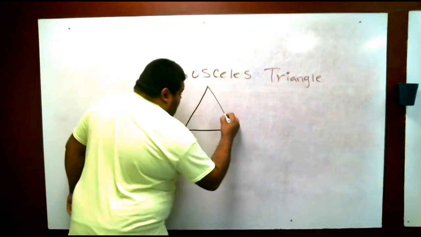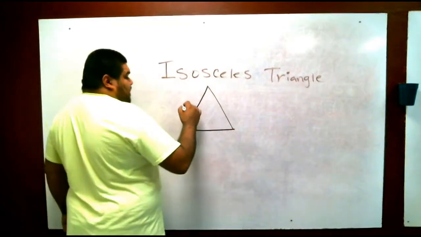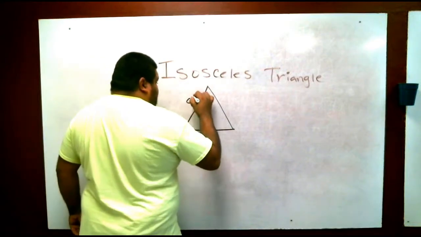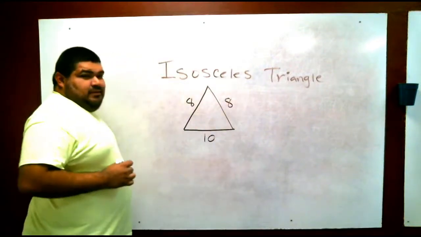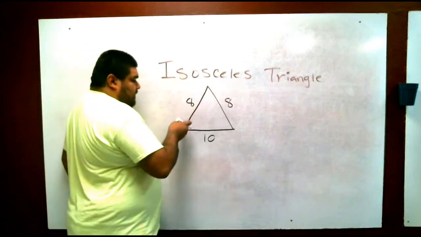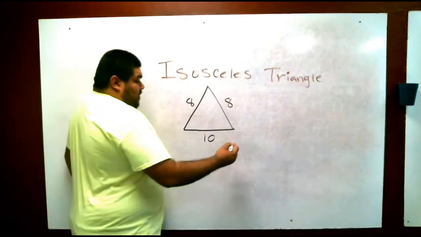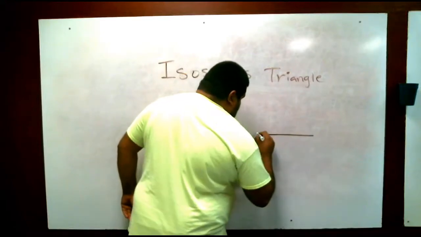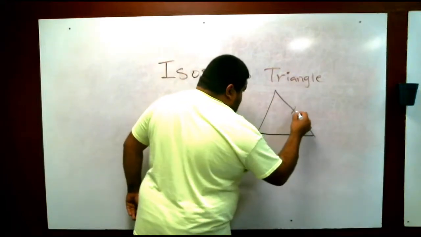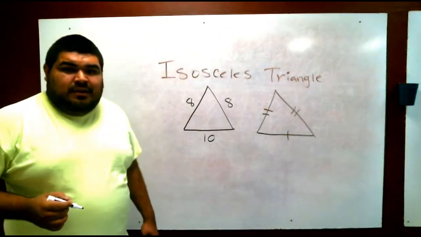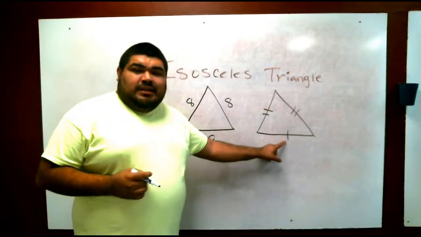You may look at it something like this, or you might have 10, 8, 8. That's telling you that the sides are the same. You may also look at it like this. Okay? It's telling you this is one side.